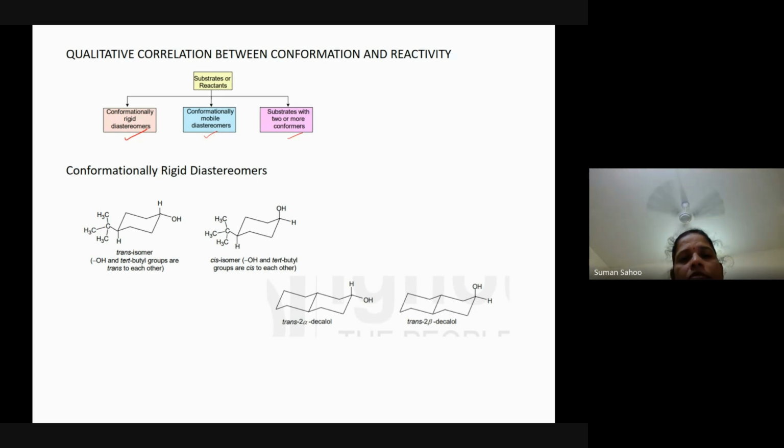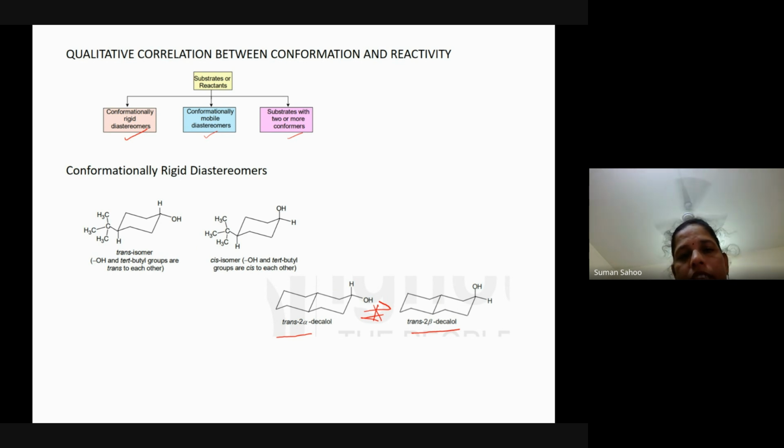In case of conformationally rigid diastereomers, you see this trans-2-alpha-decalol and trans-2-beta-decalol. These are conformationally rigid. You cannot interconvert this to this. And these are also the trans isomer and the cis isomer. They cannot be interconverted.